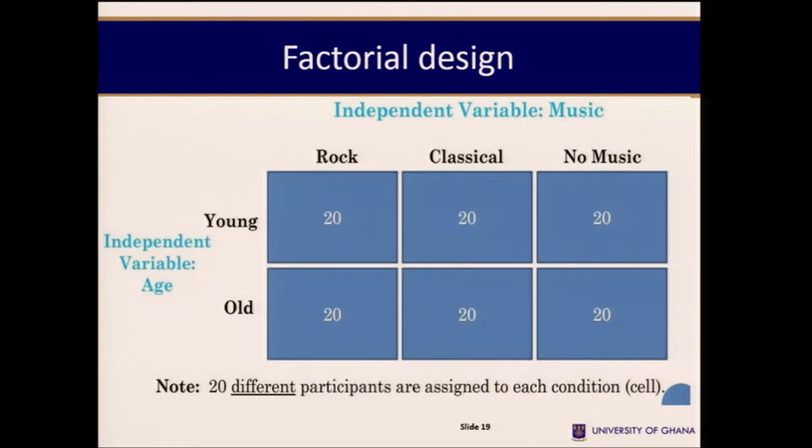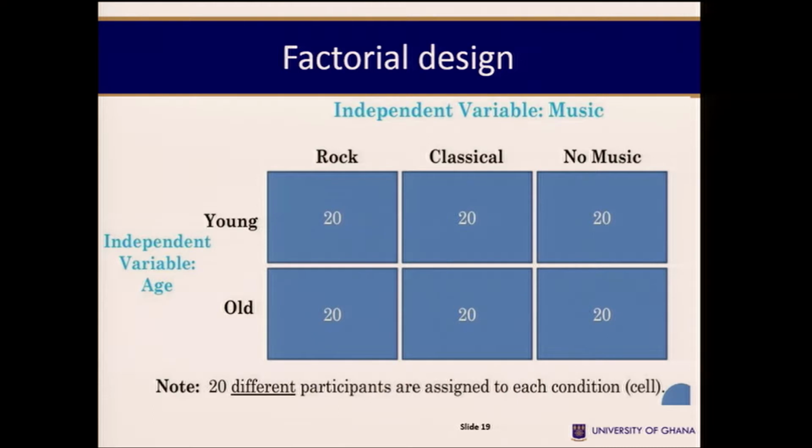Let's see how that is done. In this picture, the independent variable that you want to manipulate is different types of music. You have rock music, classical music, and no music at all.